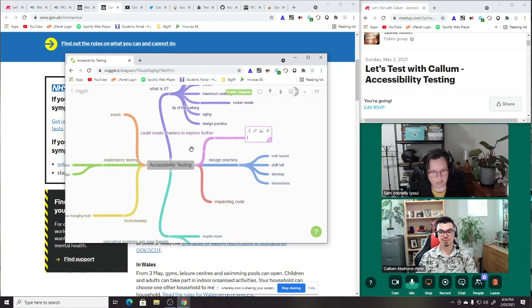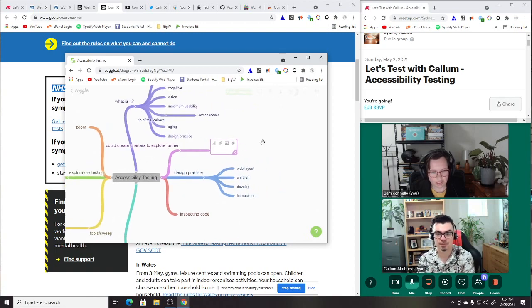Yeah. And you did mention that we could use charters to help structure exploratory testing. What would be an example of a charter you could use in this situation?